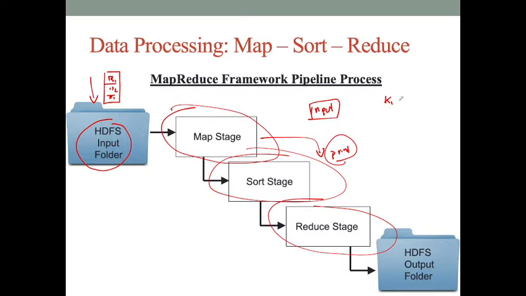So for example, you have key one, value one, key two, value two, key three, value three, and so on and so forth. Basically this is going to be the output. So the input is the block or the set of blocks, and the output is going to be the key values.